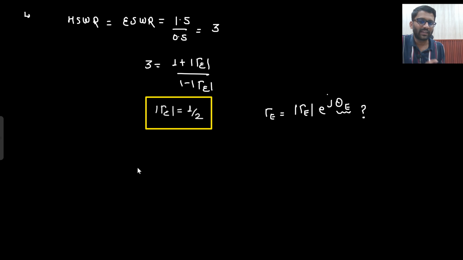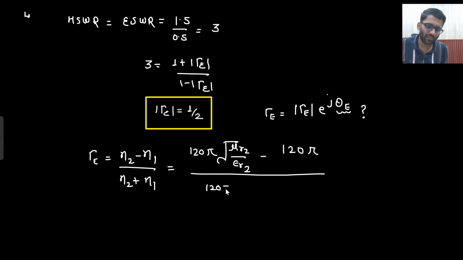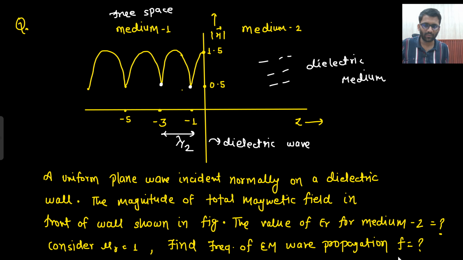Because I know Γe is equal to (η2 − η1) divided by (η2 + η1). What will be my η2? η2 would be 120π times root of μr2 εr2, minus η1, which is 120π only, divided by 120π root of μr2 εr2 plus 120π. Here μr2 is 1, considering a non-magnetic material.